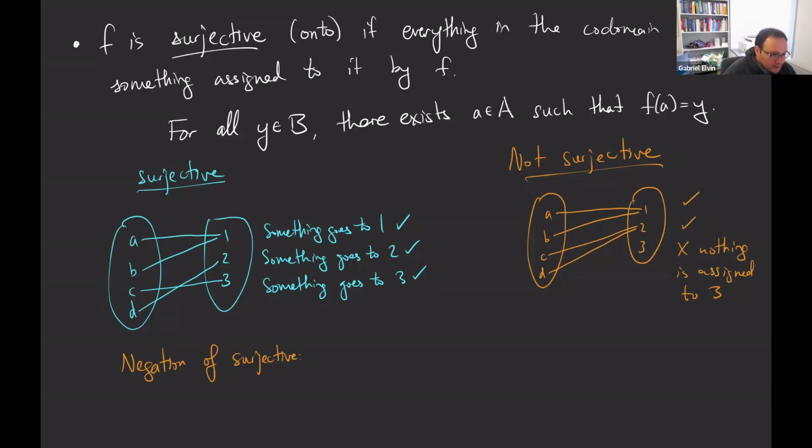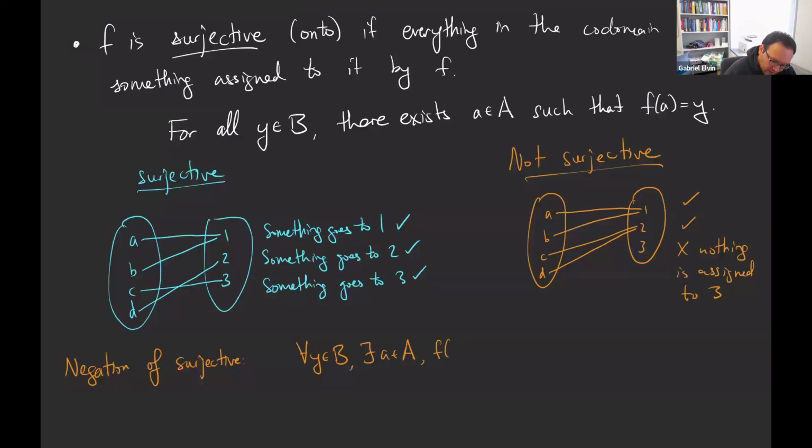What does surjective mean? Well, what is it in logical symbols? For all y in B, there exists an a in A such that f of a equals y.